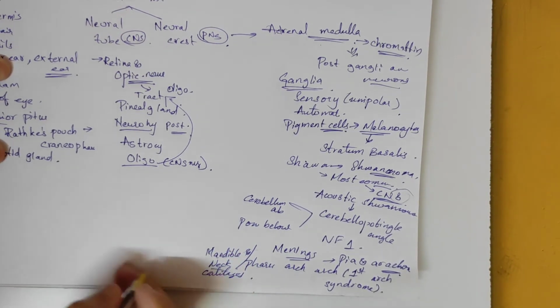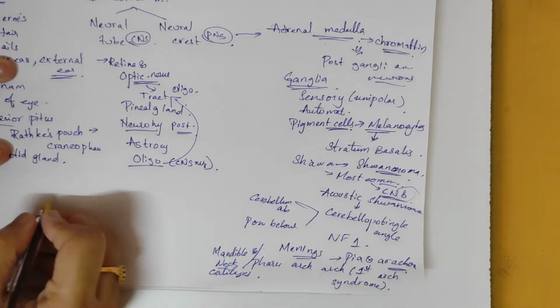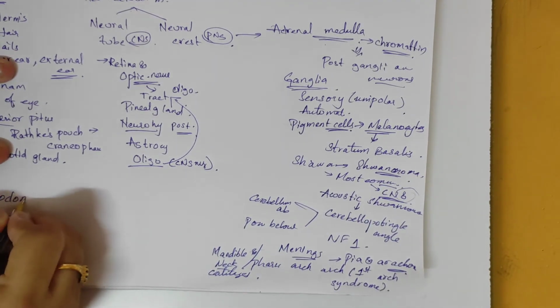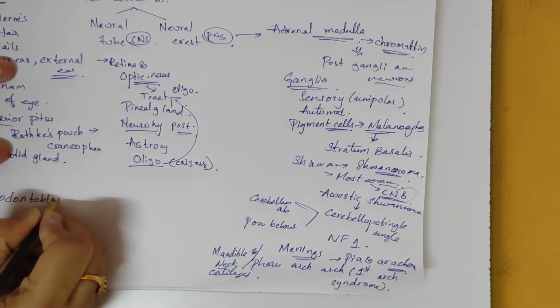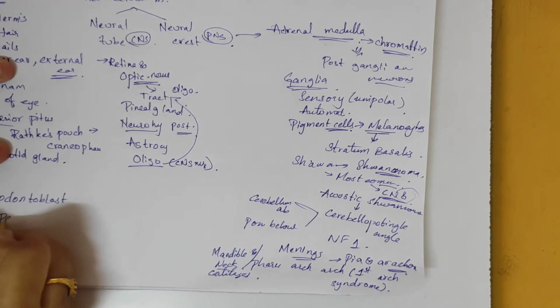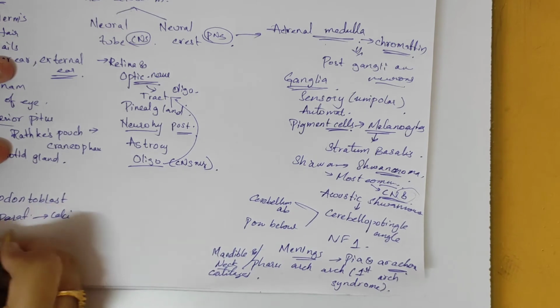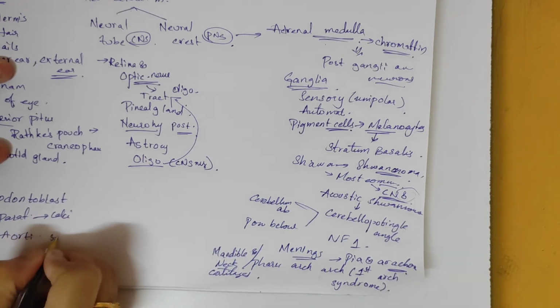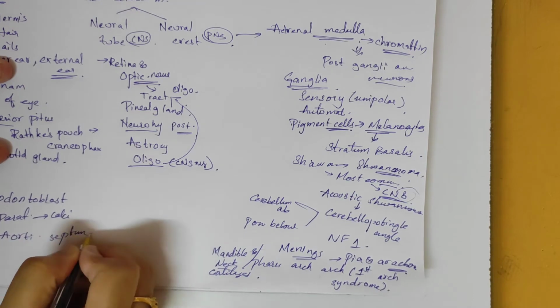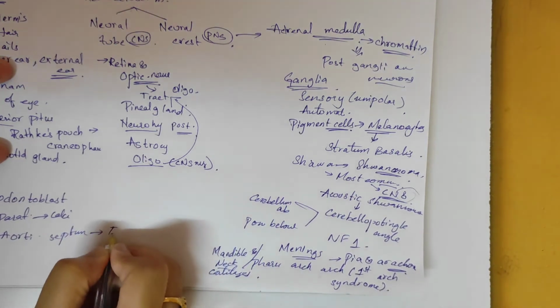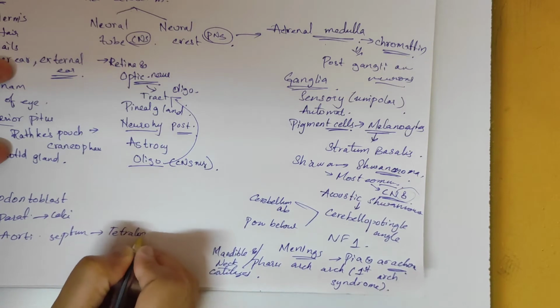And next we can find odontoblasts and parafollicular cells, which produce calcitonin, and also the aorticopulmonary septum, whose defect is mainly seen in tetralogy of Fallot.